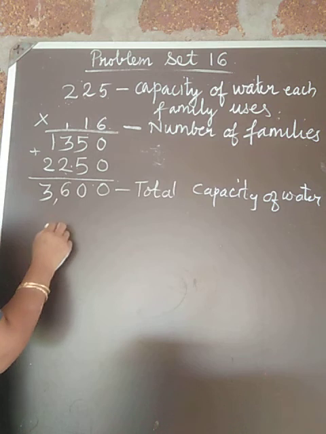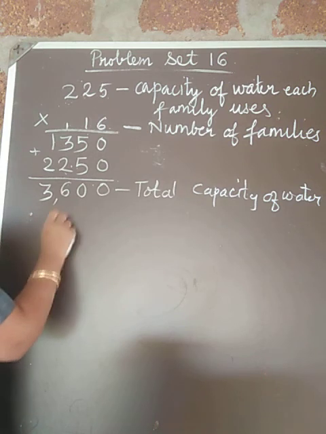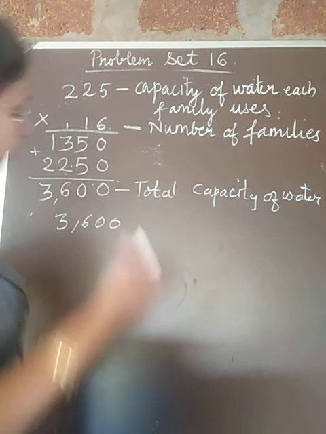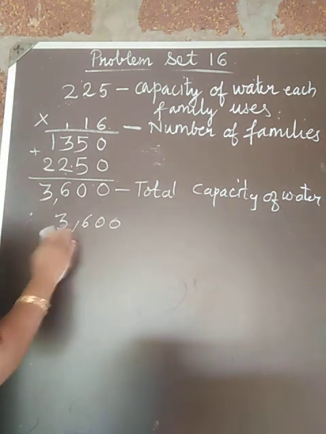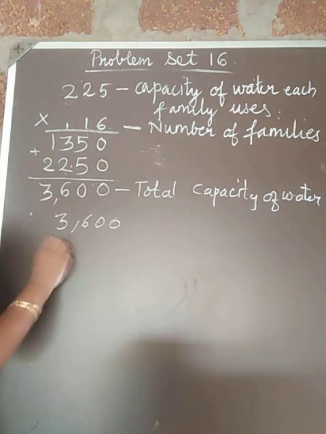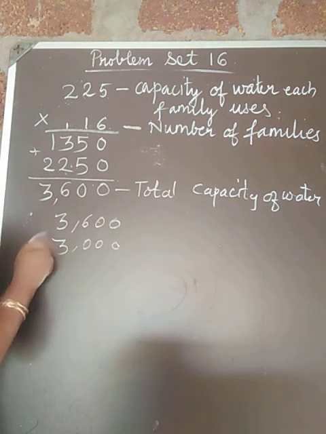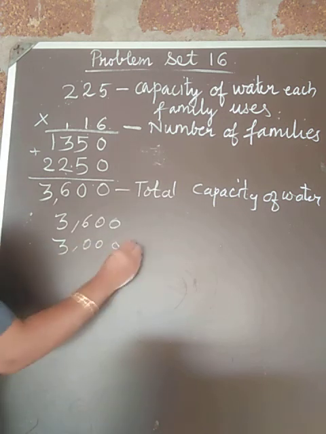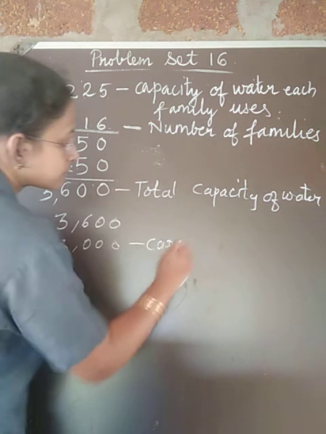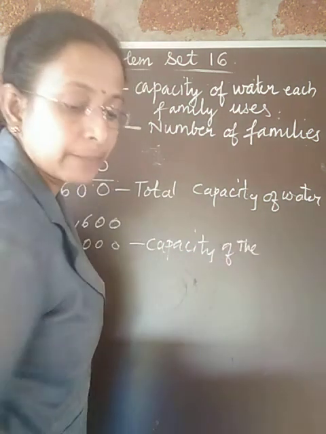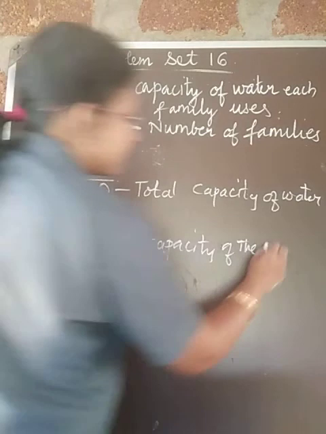So therefore what you will do? Therefore you will write here 3600. To find out how much is the shortfall, we have to subtract 3000 from 3600. Now this is your total usage of water, and this is the capacity of the overhead tank.